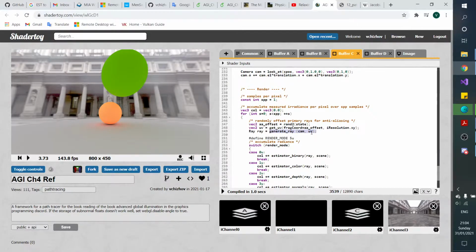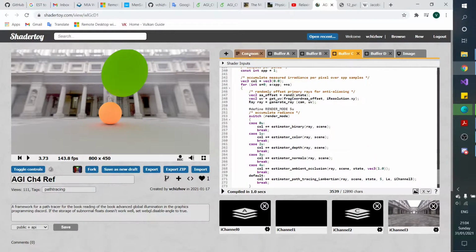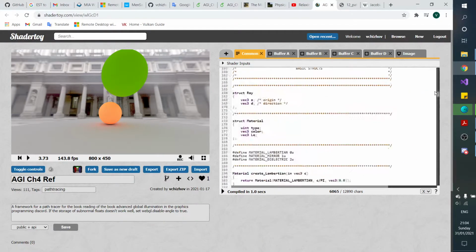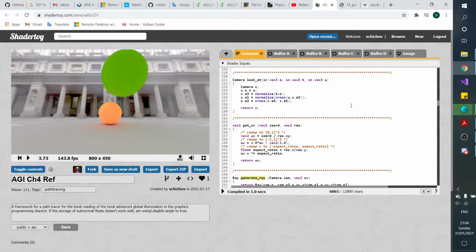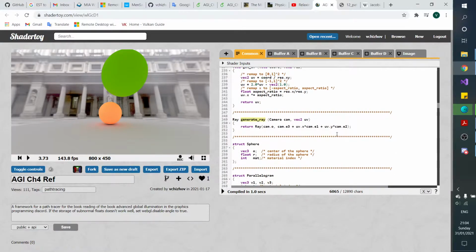So you have a transformation that maps it to the virtual world, and you can find the mapping in the function generate ray, which gives you basically the direction based on the point on the pixel that you pick. So this is really your transformation.